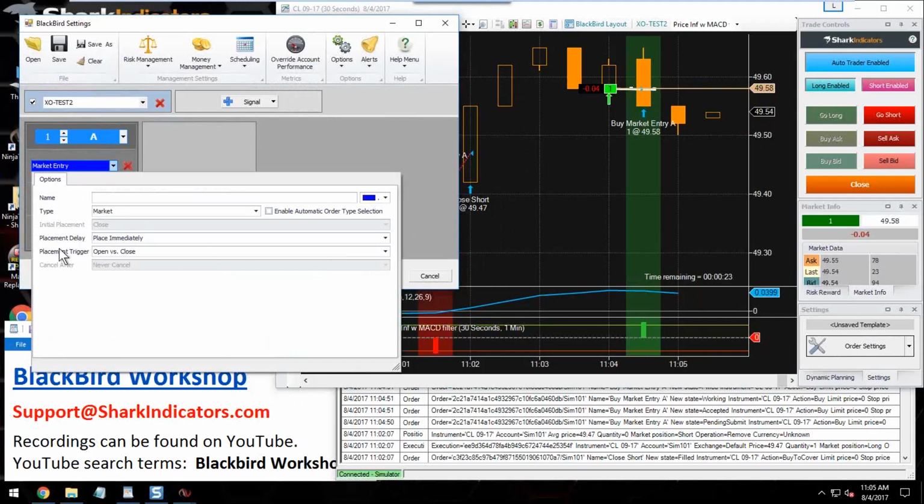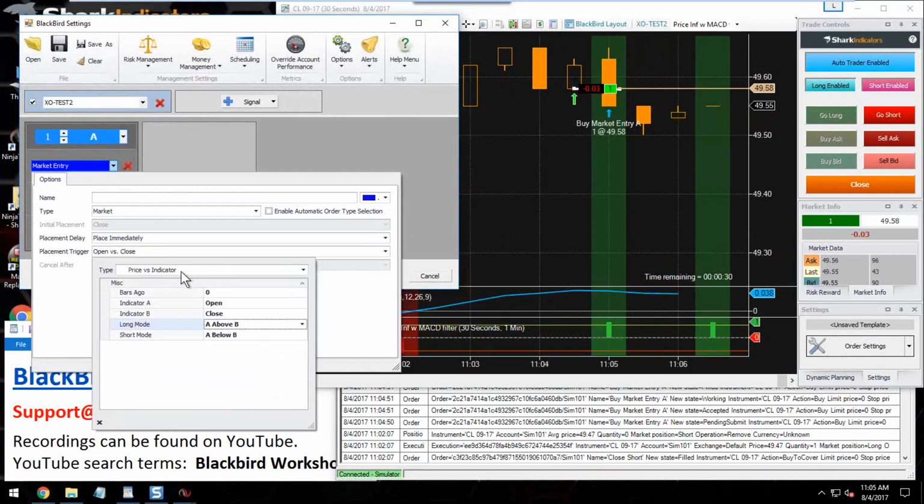So what we're doing is using this placement trigger, which is a way to apply a secondary condition before the trade is placed. So this could also be called a placement condition.